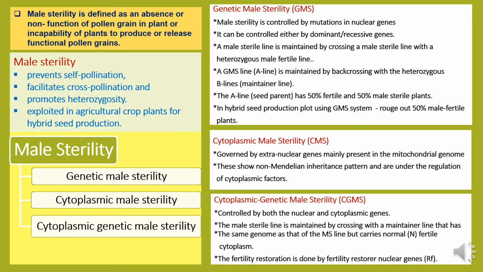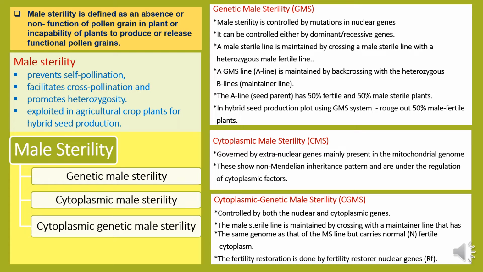The GMS A line is maintained by backcrossing with the heterozygous B line, which is known as the maintainer line. The A line is the seed parent, and in genetic male sterility there will be 50% fertile and 50% male sterile plants.